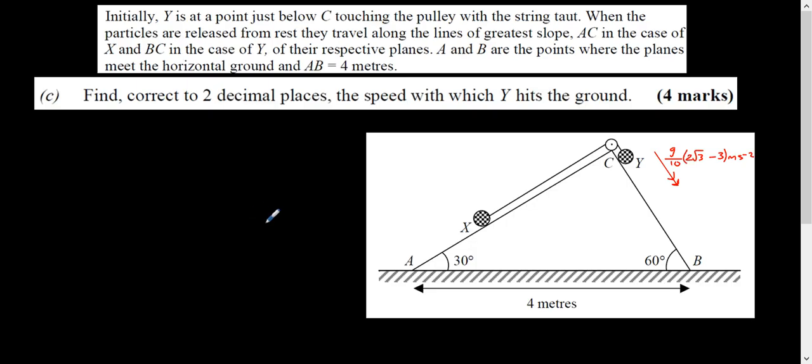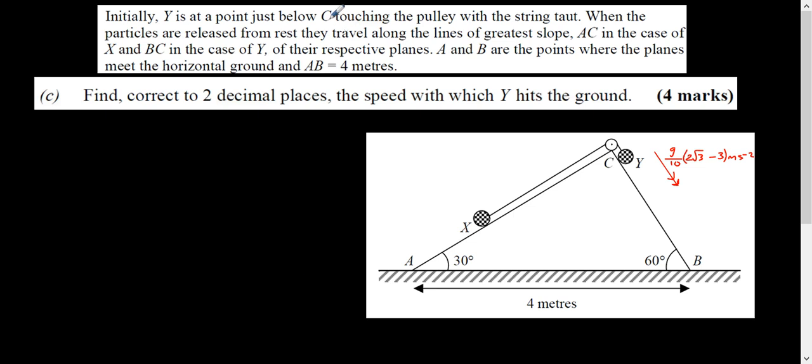So, part C, find correct to 2 decimal places the speed with which Y hits the ground. So I've reproduced the diagram. I've copied the diagram here. I've put in our acceleration, and now none of our forces are really of interest to us, not for this question and not in this part of this question.